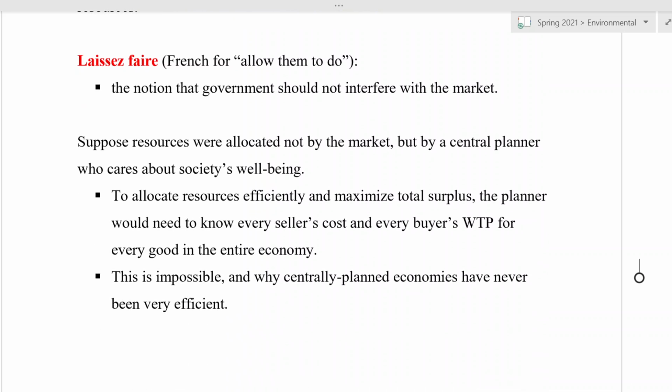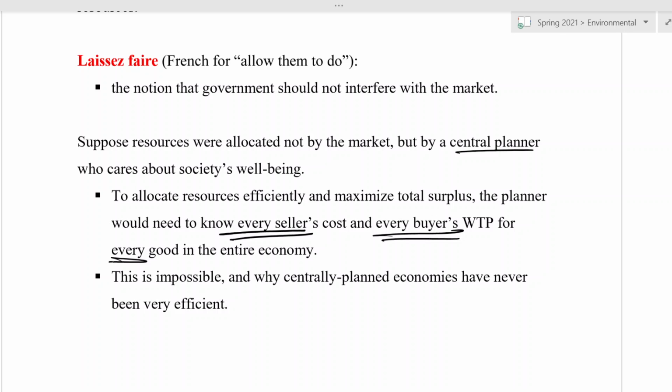So like I was just saying, if we had a central planner to allocate resources efficiently and maximize total surplus, that person or that group of people would need to know every single seller's cost and every single buyer's value of that good for every good in the entire economy.